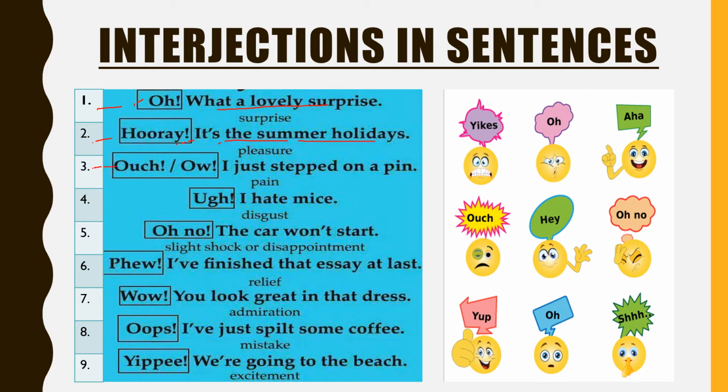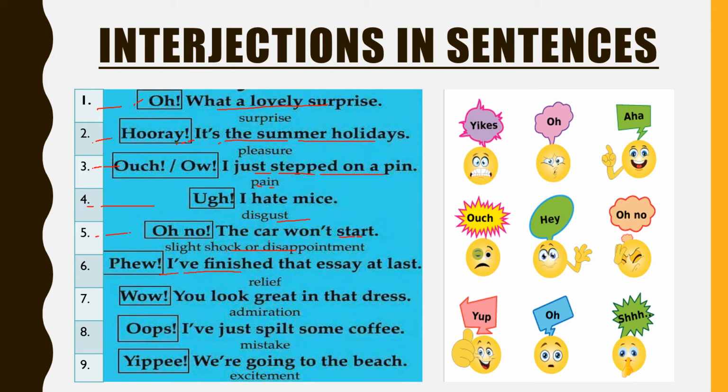Coming to the third sentence, "Ouch, I just stepped on a pin." Ouch or oh, both these words express pain. Fourth sentence, "Ugh, I hate mice." This expresses disgust. Fifth sentence, "Oh no, the car won't start." This shows slight shock or disappointment.